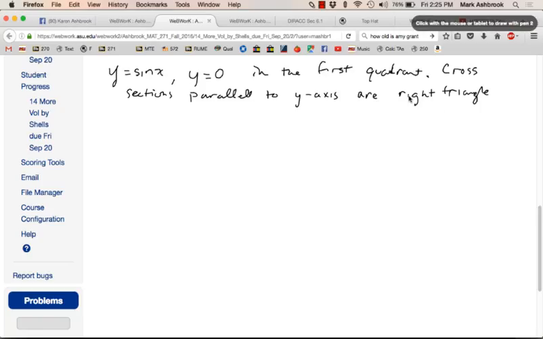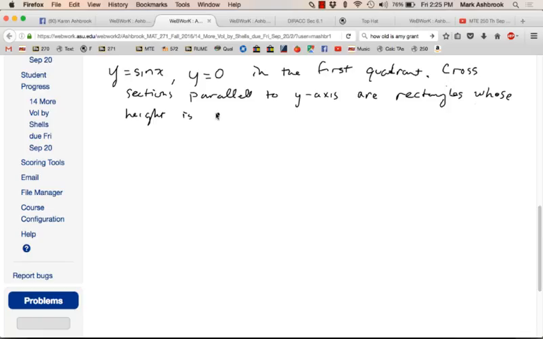No. Let's do something. Let's do rectangles whose height is 3 times the base. All right, so we've got to imagine this.